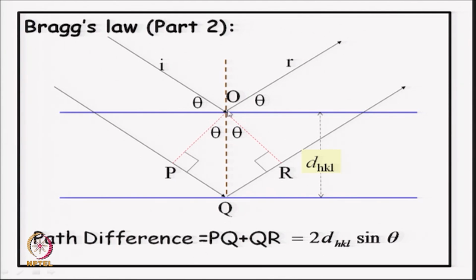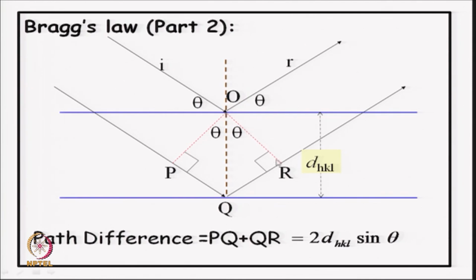The path difference, by path difference we mean the difference in the total path length covered by the top beam and the bottom beam. You can see that the incoming X-rays will travel equal distance before OP. Before OP they are parallel and they are covering equal distance.